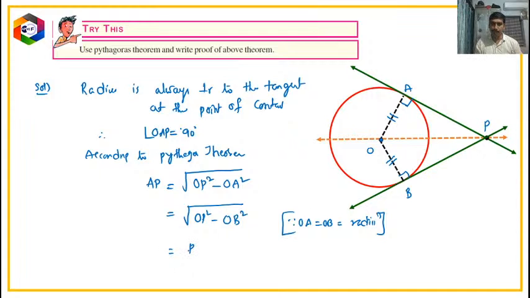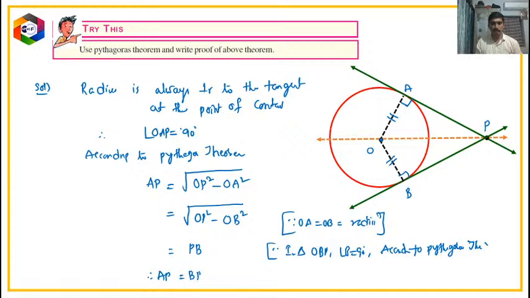Why? Because in triangle OBP, angle B is equal to 90 degrees, according to Pythagoras theorem. So very clearly AP is equal to BP, that is PA is equal to PB.